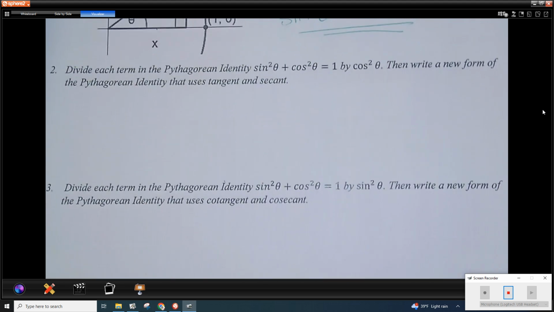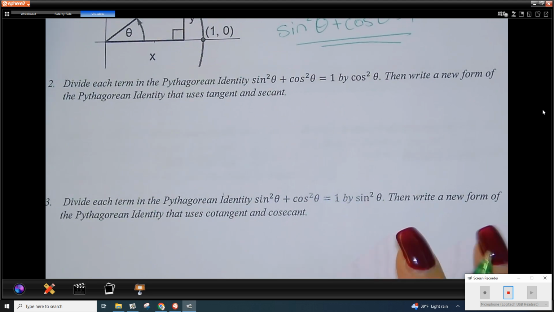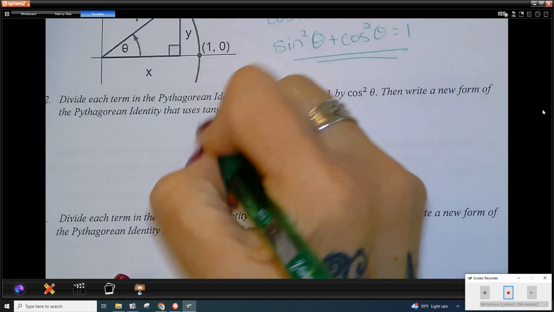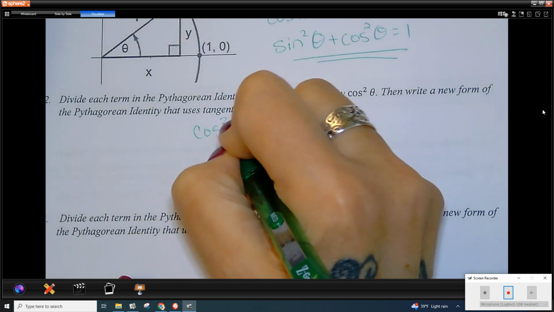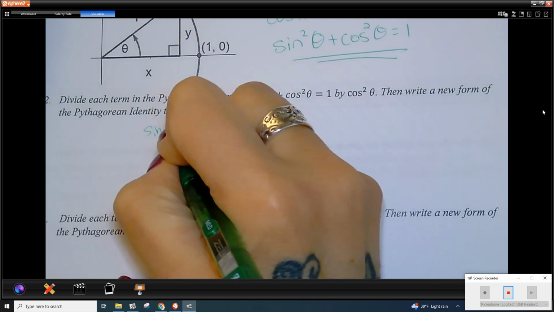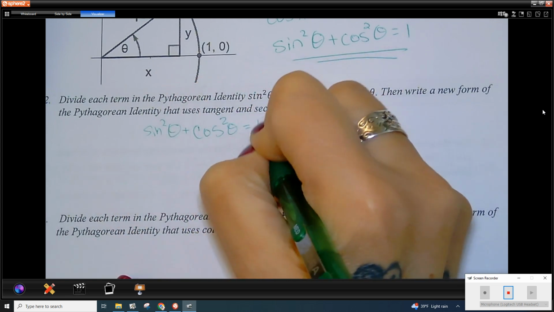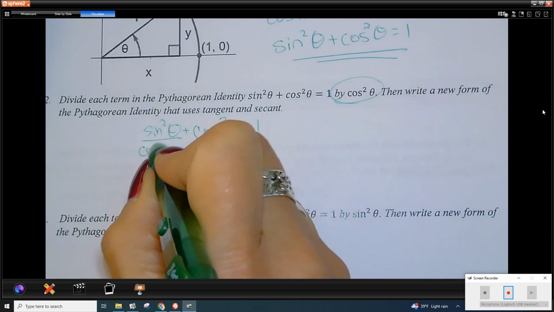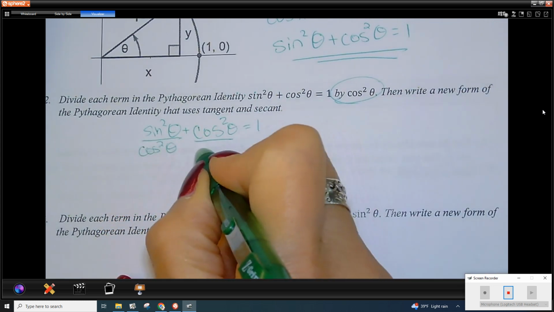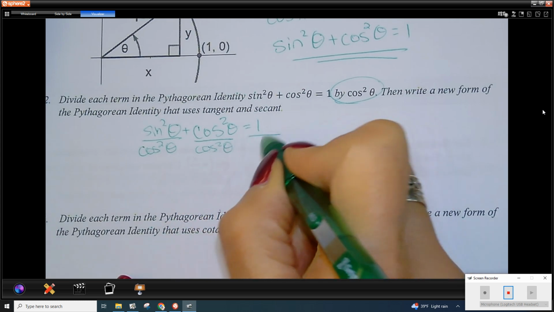Divide the identity by cosine squared and rewrite in a new form using tangent and secant. So I'm going to write it first. I started writing cosine first. Now we're going to divide by cosine squared. Since it's addition, we have to divide every term.